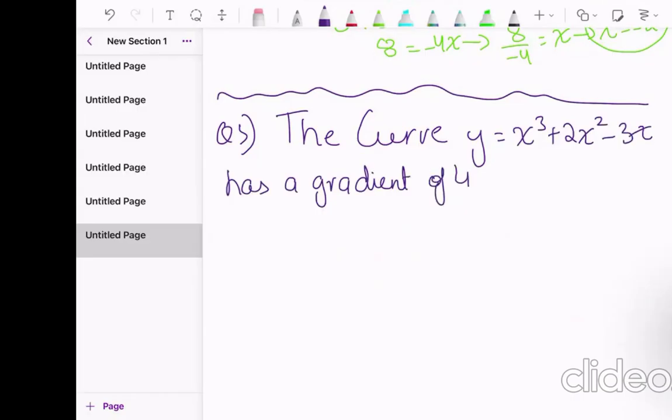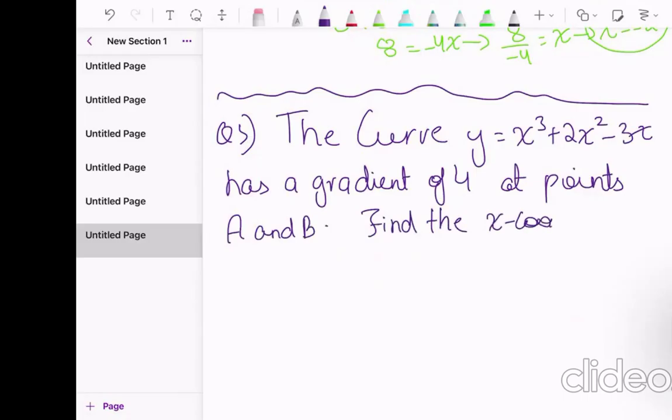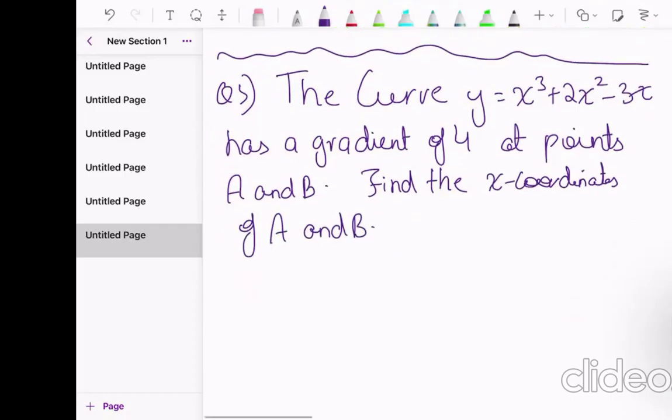You can see that again they have given us a gradient at points A and B. Find the x coordinate. In this question, they clearly say that you have to find the x coordinate of A and B. So don't worry about A and B.